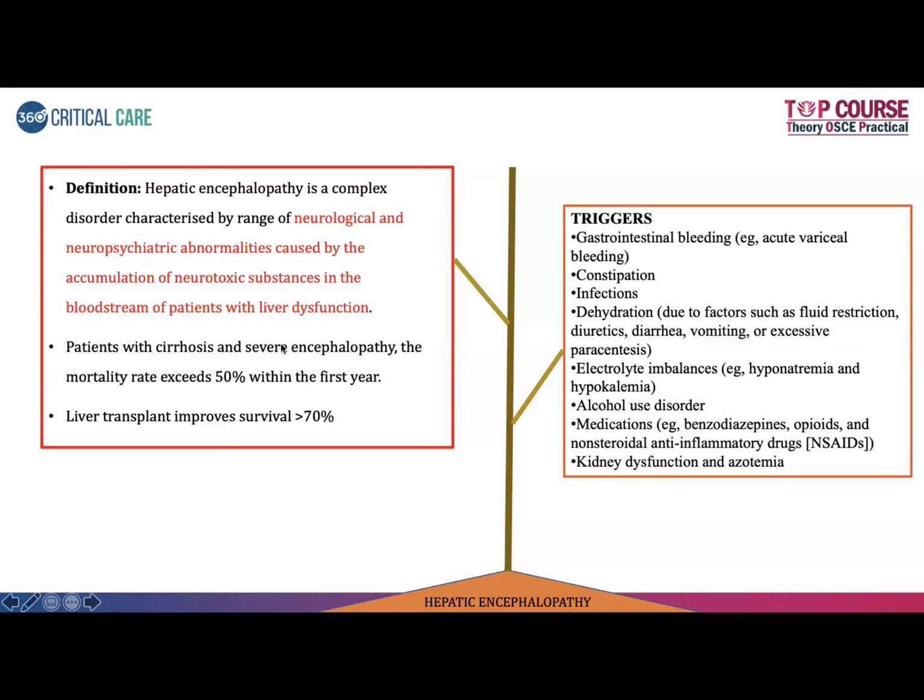This is based on guidelines, and there are various guidelines which suggest different criteria. If you look into the European guidelines, if the GFR is less than 30 and the patient is on dialysis for more than 8 to 12 weeks, you consider simultaneous liver and kidney transplant.